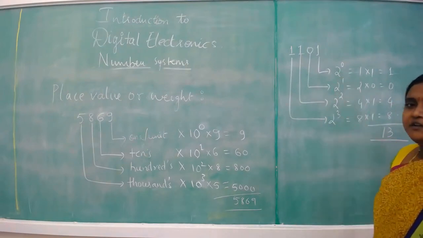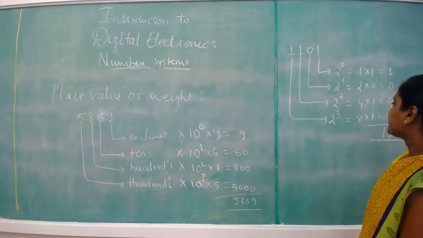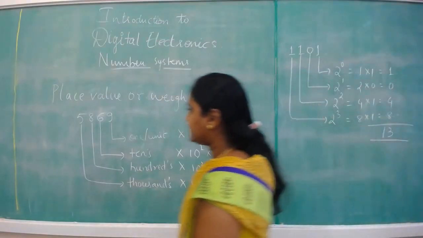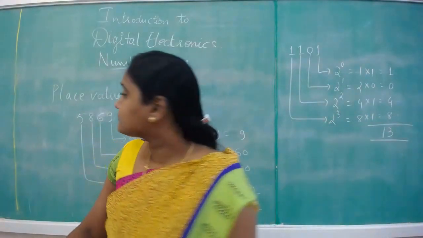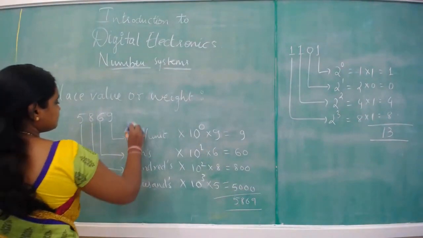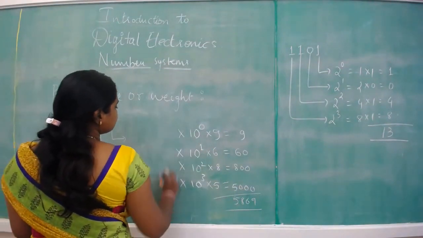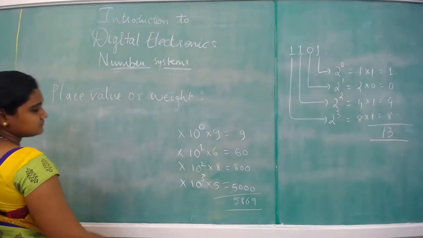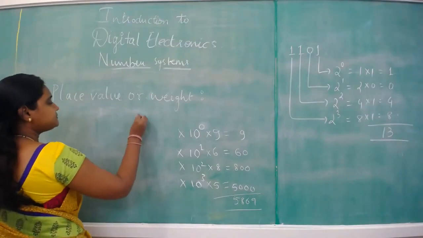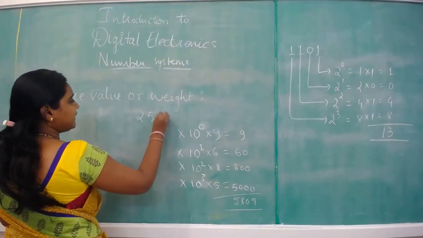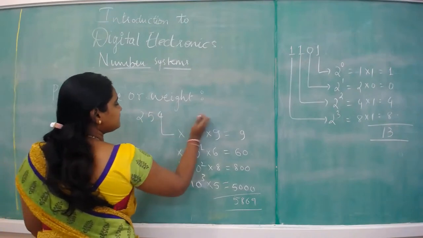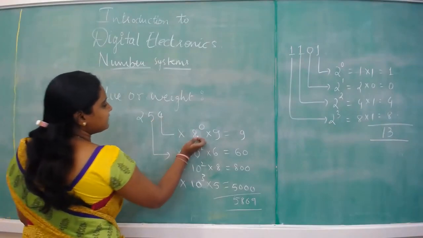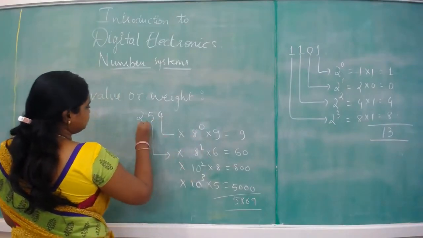Likewise, we can write different numbers of binary. And about the octal and the hexadecimal now. I will take an example of the number 2, 5, 4. This is having 8 to the power of 0. This will be having 8 to the power of 1.